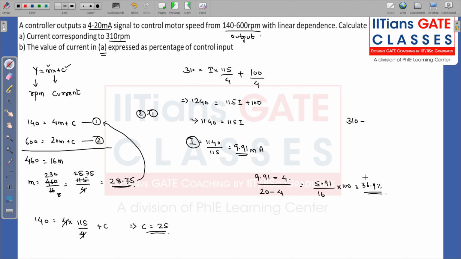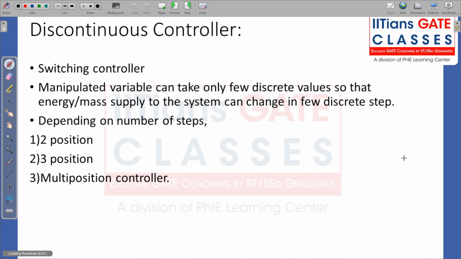Because for 310 you were getting 9.91, minus for 4 milliampere you were getting 140, divided by for 20 milliampere you were getting 600, minus 140, into 100. So if you solve this, you are still going to get 36.9% only. Okay. So very simple question over here we have.